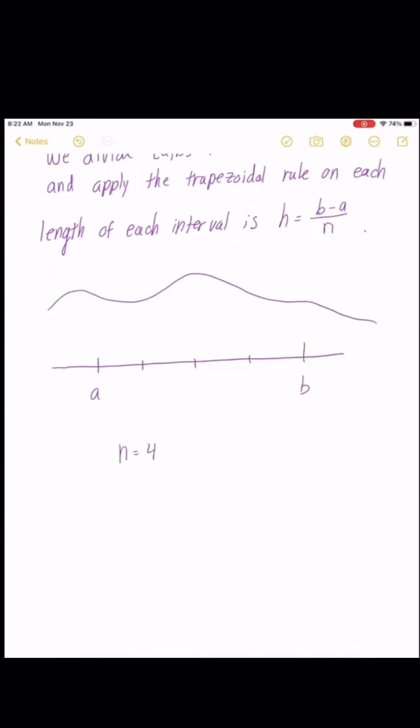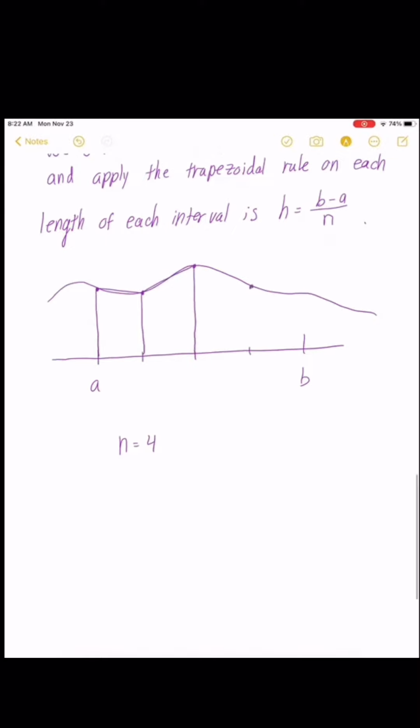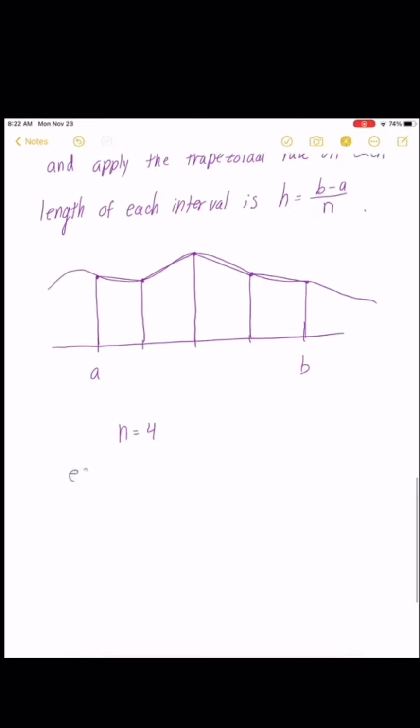What we get in this case is we end up estimating using the trapezoid, so remember, a secant line between these two points. Then our estimate is, of course, the sum of these 4 areas.